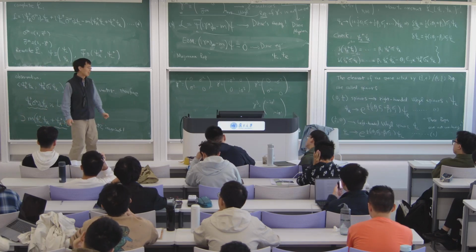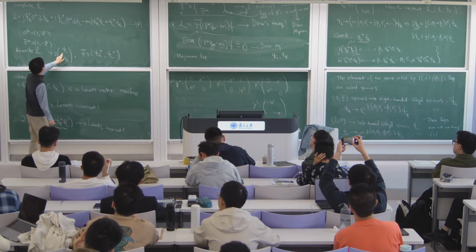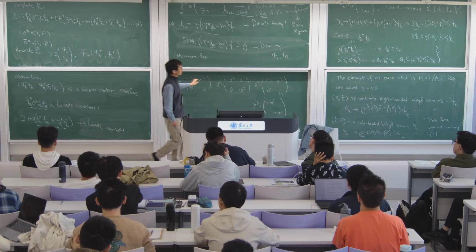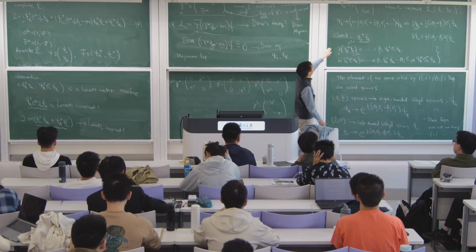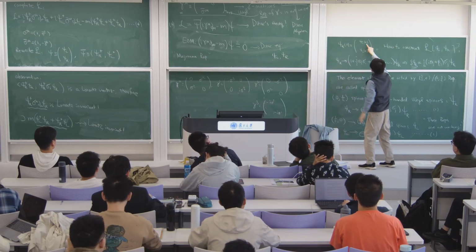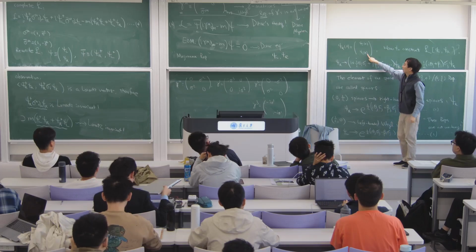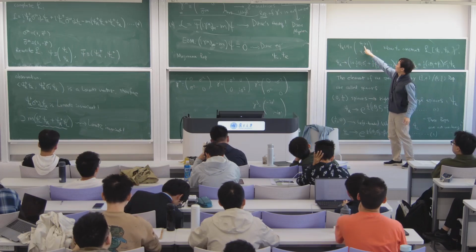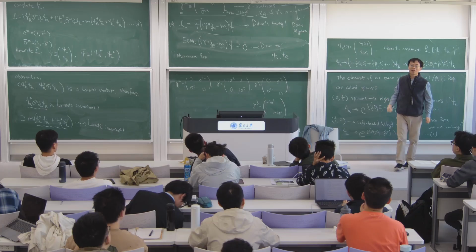Okay. Another comment is in this Weyl representation so far, if you write this spinor explicitly in terms of two components, in general, we think that these two components are complex valued.